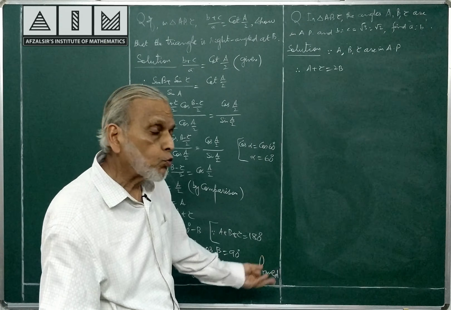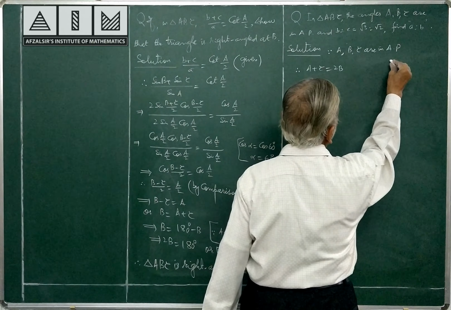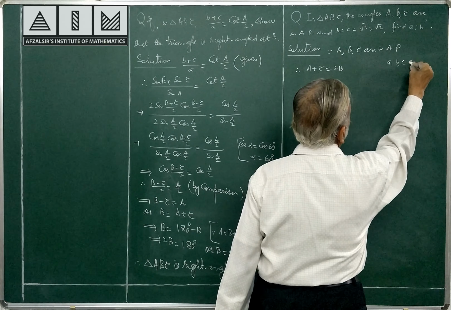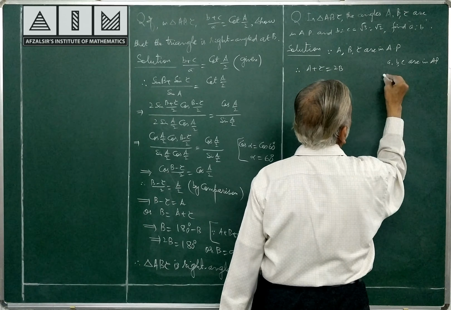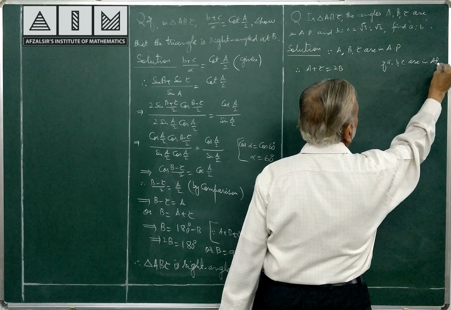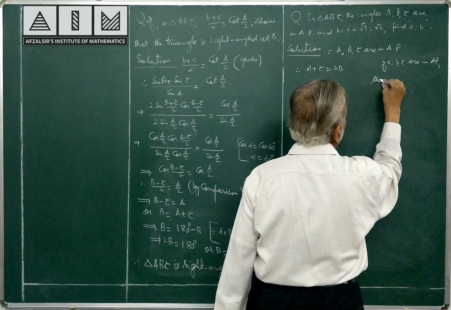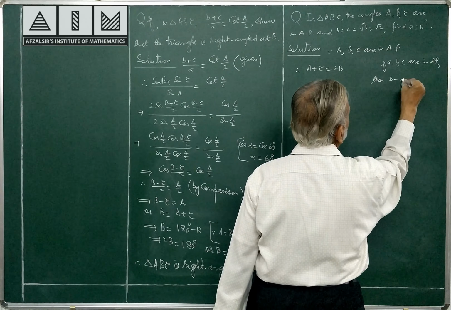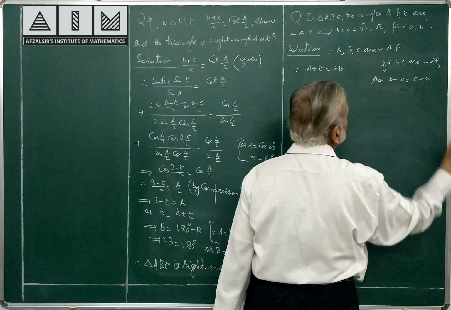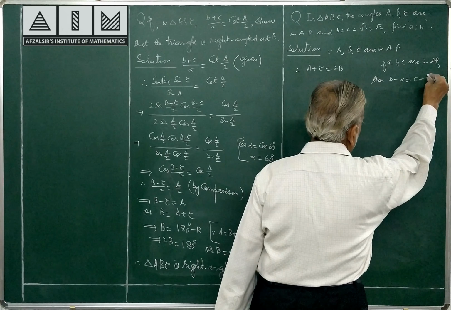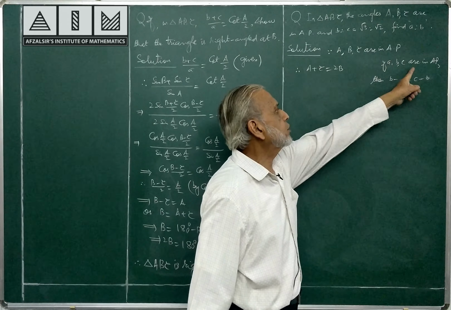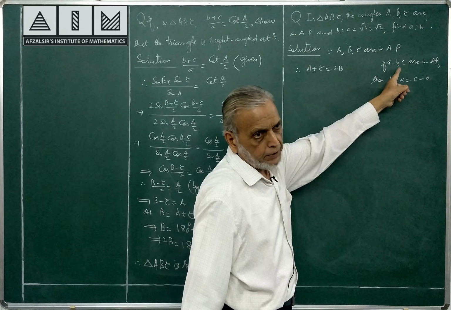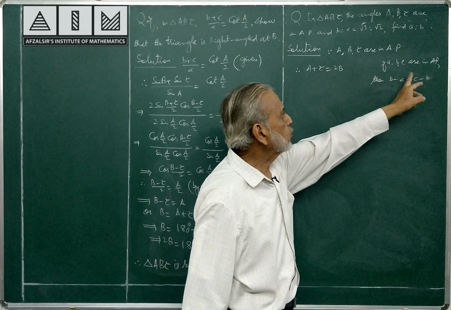You may ask how? Look here. What is AP? Second term minus first term is equal to third term minus second term, that is called AP. So B minus A is equal to C minus B.